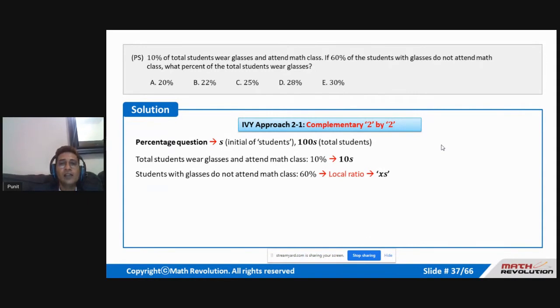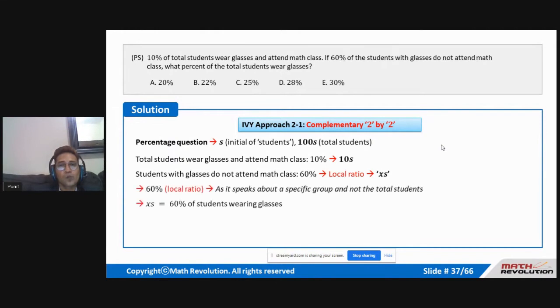Students with glasses who do not attend math class are 60%. So that's a local ratio again, X S. Now pay attention to this. 60% of the students with glasses do not attend math class. It's not out of 100. These 60% are students who wear glasses and do not attend math class.